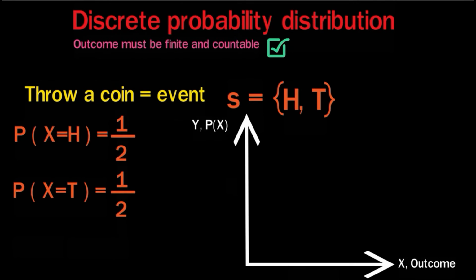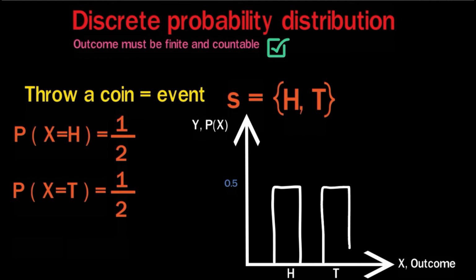For the x-axis we have two possible outcomes, which is head or tail. So the probability of getting a head will be 0.5 and the probability of getting a tail will also be 0.5. One thing you note is that the sum of all the possible outcomes is equal to 1 for a discrete probability distribution.